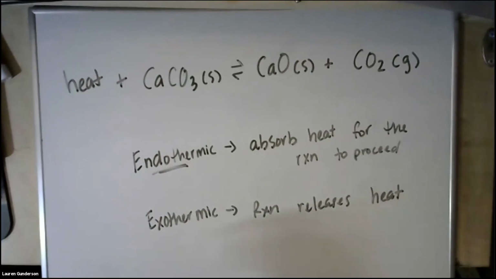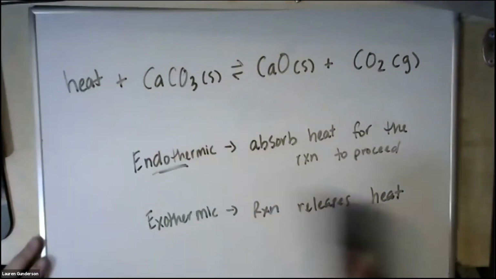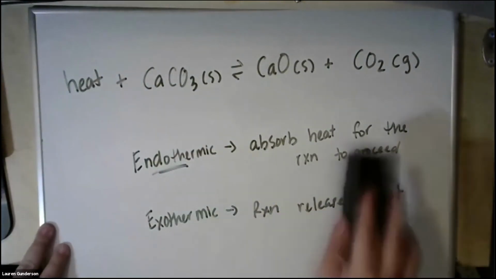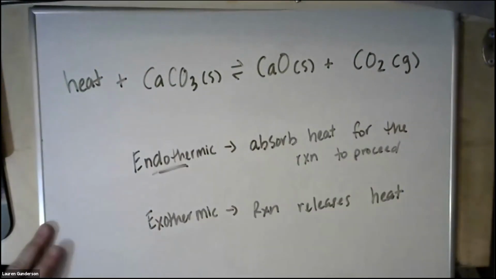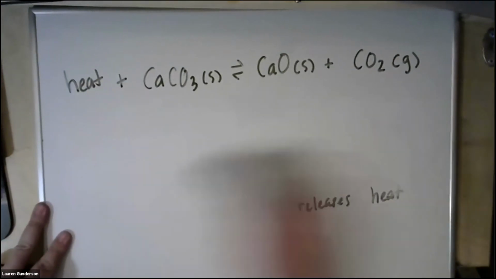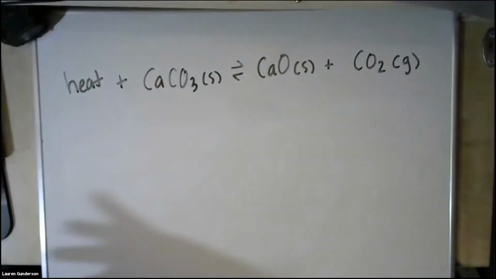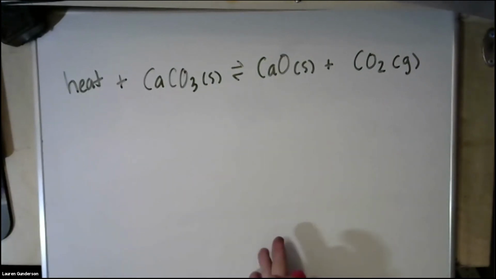Once we consider heat to be one of our reactants, the effect that changing temperature would have on this equilibrium becomes a little more clear, right? The two questions that they're asking us here: what happens if we increase the temperature of this reaction mixture, and what happens if we decrease the temperature?